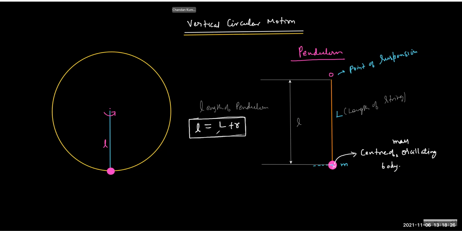This is called length of pendulum. That's the definition actually. If the center of mass changes, then L will change. So the length of the string you may keep constant, but as you change the center of mass, L will change. We need this idea later in the chapter of SHM, but right now we can just keep in mind these definitions.